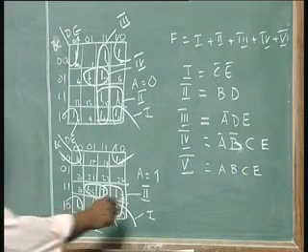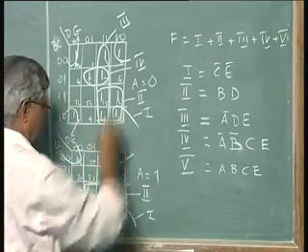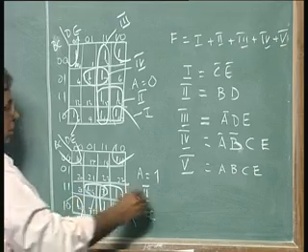So now my final expression, if you want to, you can write it as C bar. I do not know whether you want to really do it, you can do that.